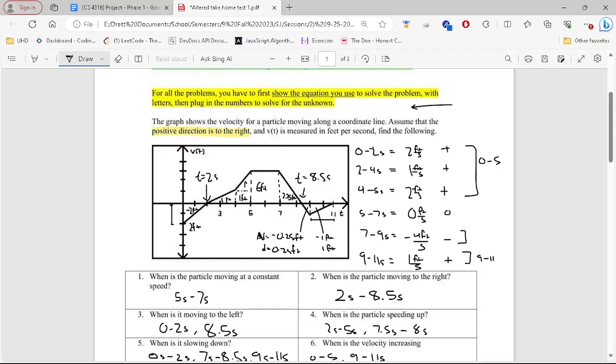Speed decreasing meaning the magnitude of the velocity is decreasing. So here the speed is decreasing. Here it's increasing, increasing, constant, decreasing, increasing, decreasing. So let's see.